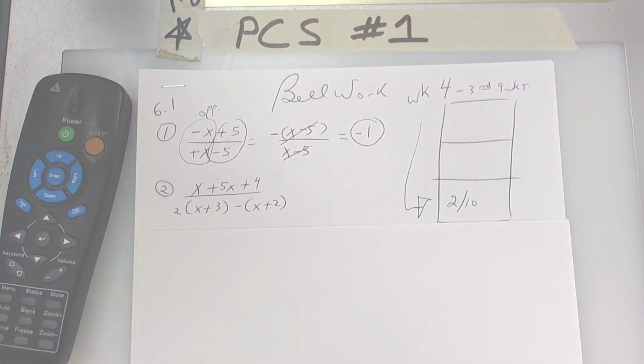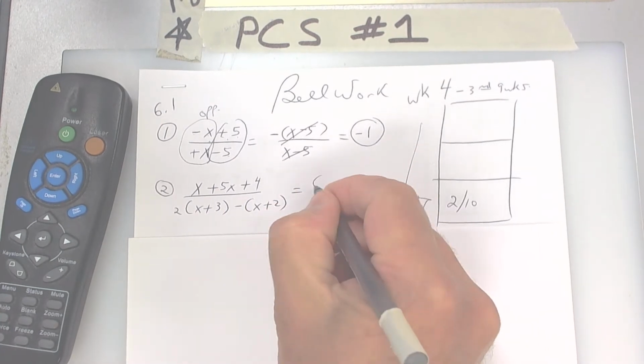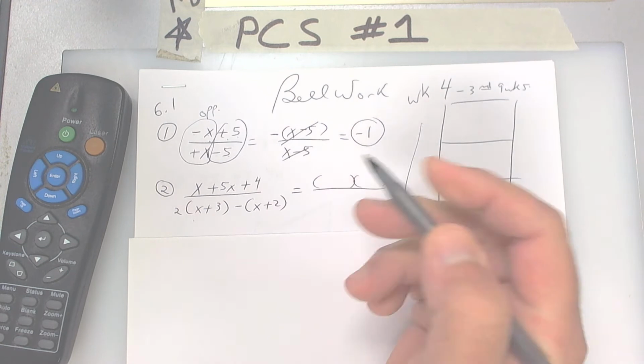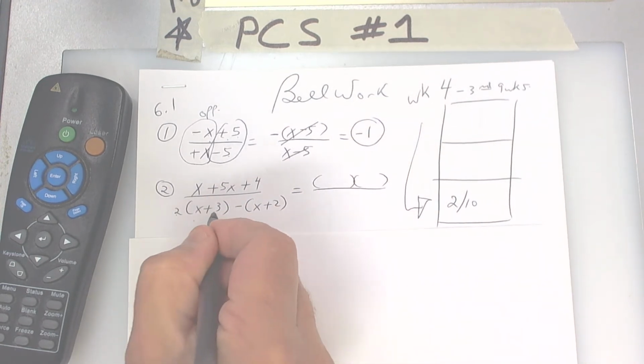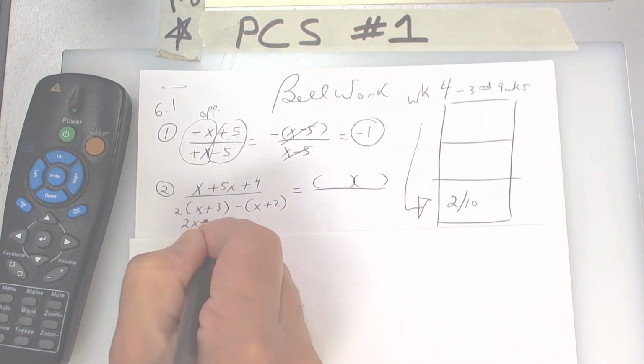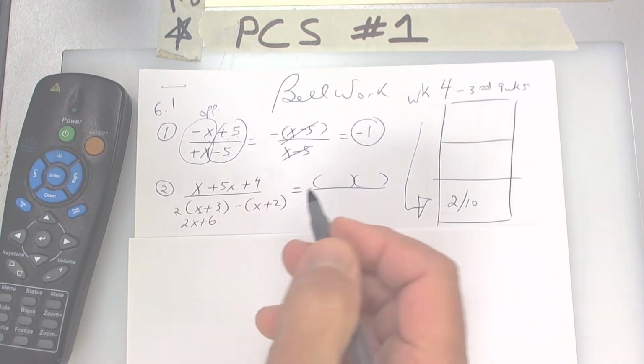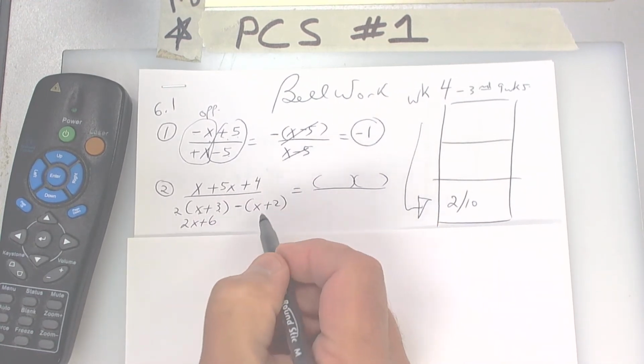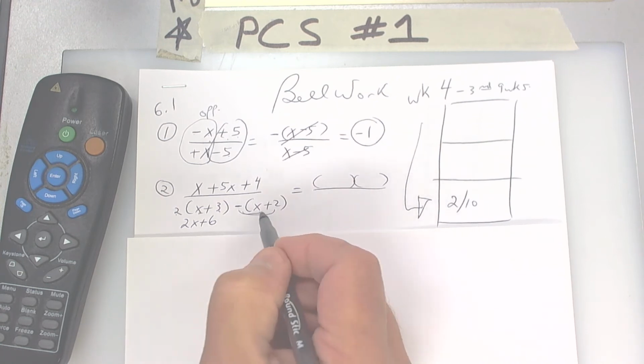All right, let's take a look here. This one right here, before we factor the top, let's go ahead and distribute the bottom. Okay, so the top, I'm pretty certain, is going to be able to be factored. The bottom here, we're going to have to simplify. So 2 to both of these is going to be 2x plus 6, 2 times 3. This negative, and you have to be real careful with that, you're going to go ahead and distribute that negative inside of here.